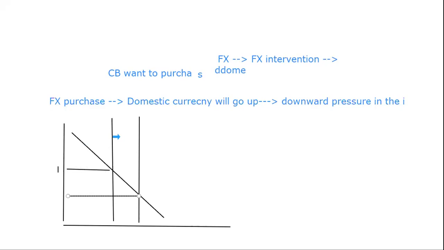Now the interest rate is going down, but when the central bank intervened in the foreign exchange, this result was not anticipated. This is an unwanted side effect of the foreign exchange intervention. Now, because of this higher money and low interest rate, there can be an inflationary threat.